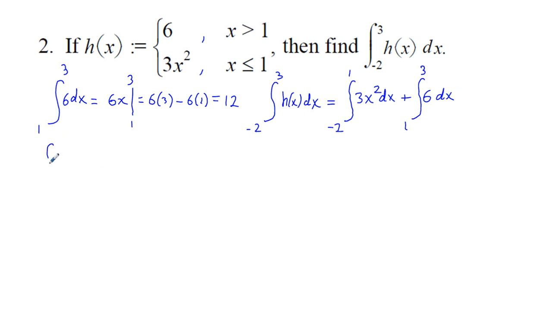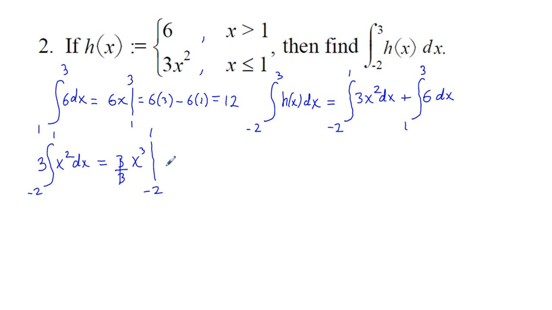Now we're going to take this integral from -2 to 1, and I'm going to take the liberty of pulling this 3 out front, and we'll have x squared dx. That's going to be equal to 3 x cubed over 3, evaluated between -2 and 1.